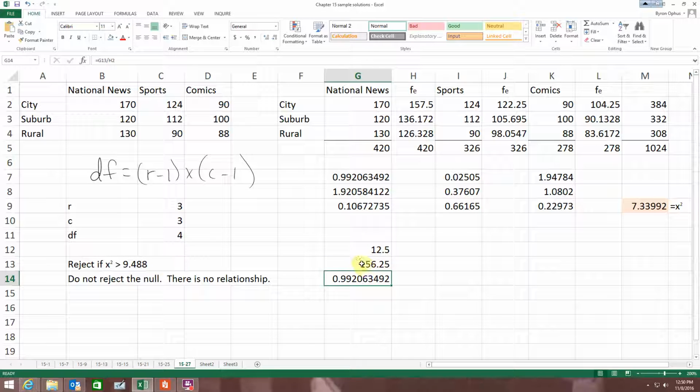And then I divide that by, again, my expected frequency. So this, my result of this, divided by my expected frequency. So it's equal to this one divided by my expected frequency up here. And I get 0.99.